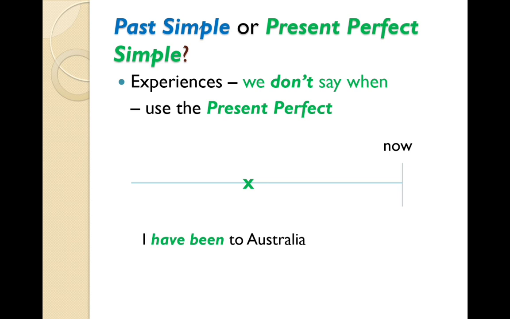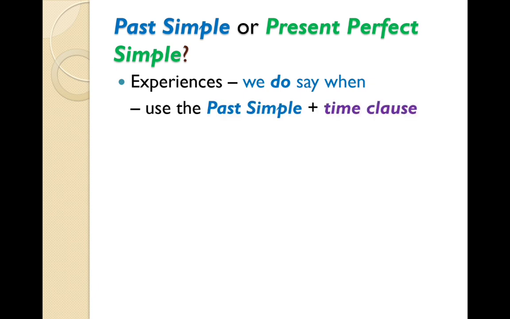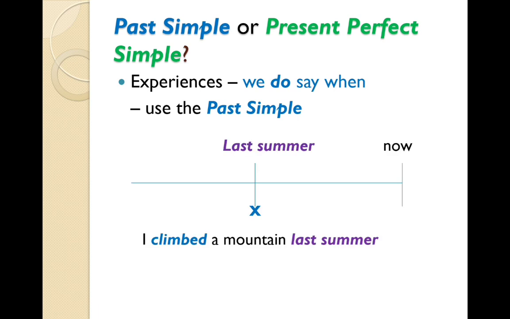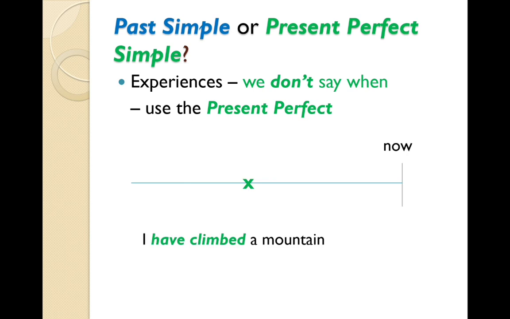When is not important. What we are interested in here is that the experience has happened. So, we do say when, past simple, plus a time clause. I climbed a mountain last summer. If we don't say when, use the present perfect. I have climbed a mountain.